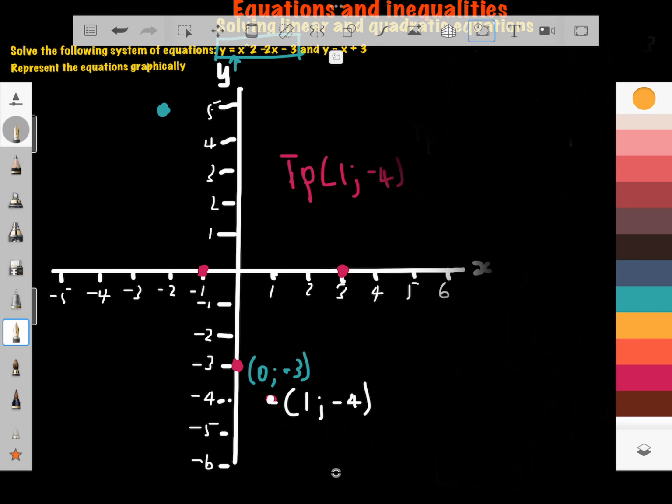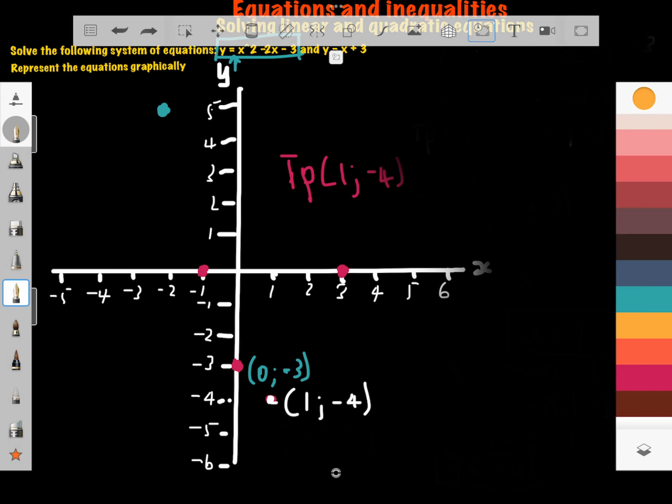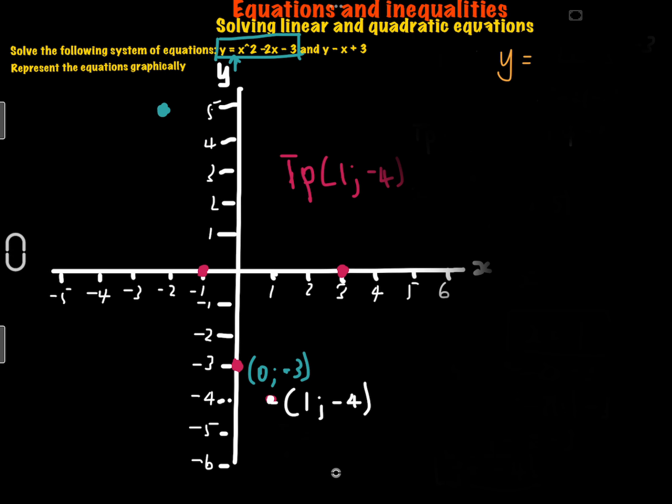So let's see what happens when x is equal to negative 1. So x now this time is negative 1, and then minus 2 times negative 1 minus 3.